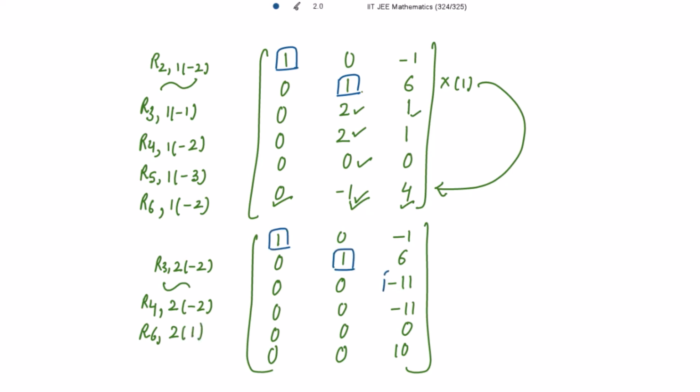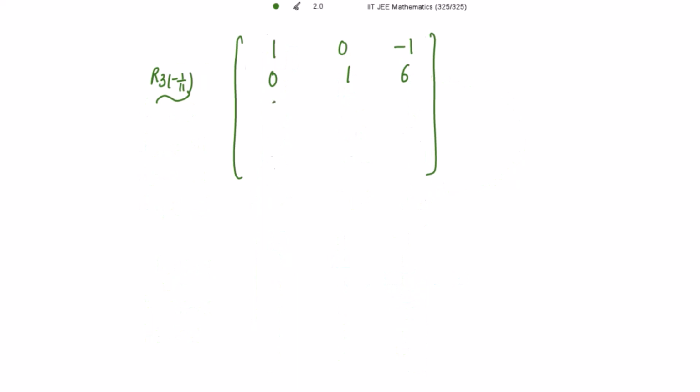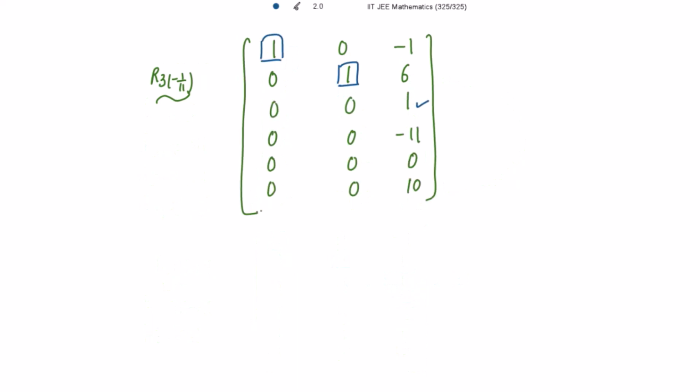I need to make this to be 1 first. For that, just divide row 3 by -11, or multiply the elements of row 3 by -1/11. So we get 0, 0, 1, right? Now we get 1 over here.